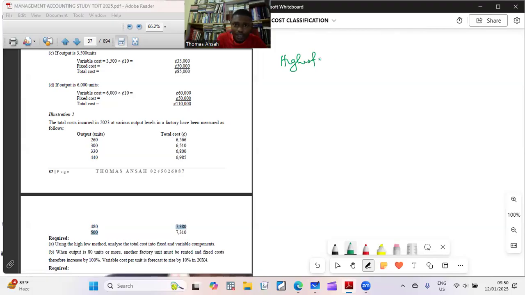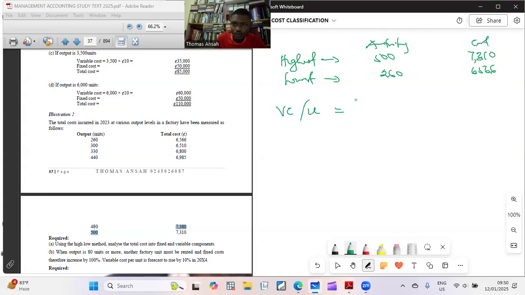So my highest level of activity is 500, and cost is 7,310. But which one is the lowest? Lowest is 260, and its associated cost is 6,566.